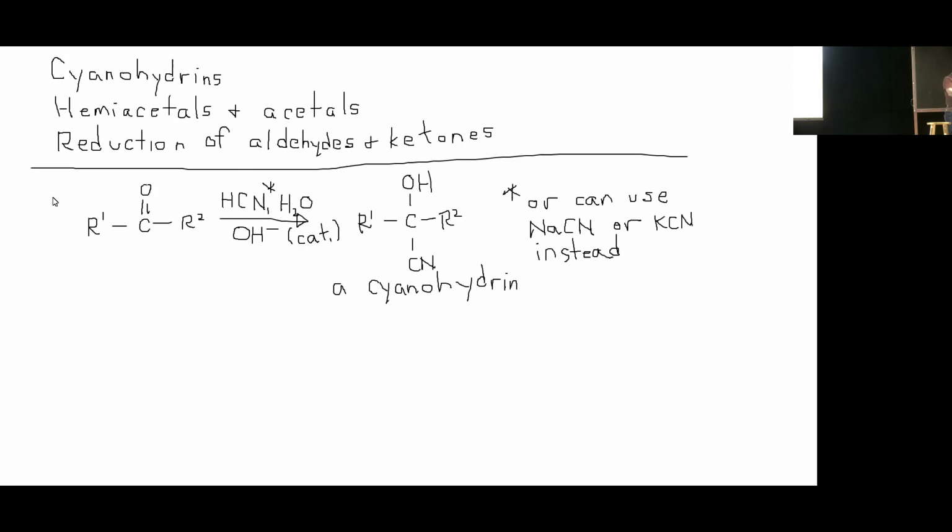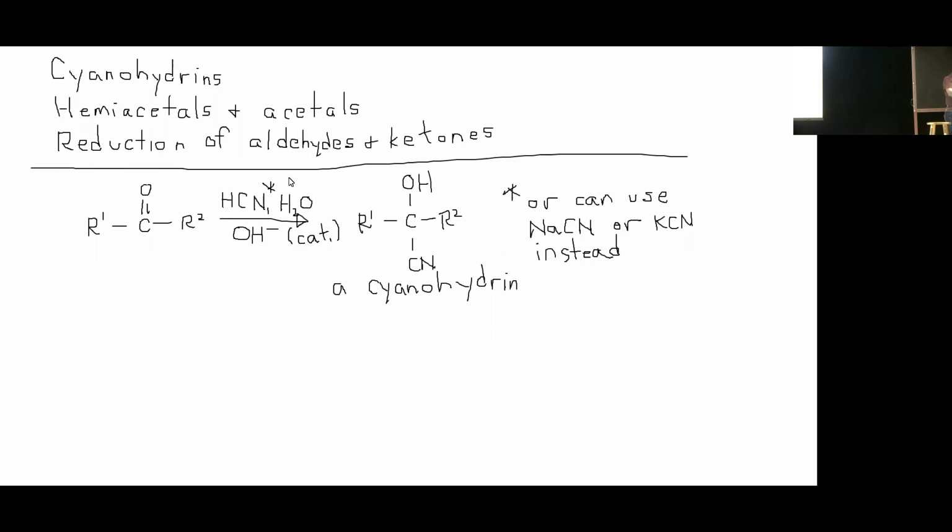So anyway, speaking very much in general terms, what is a cyanohydrin? I would say a cyanohydrin is the product that you'll get by starting with any aldehyde or ketone, and this is very general. You can use any aldehyde or any ketone, so R1 and R2 can be pretty much whatever you want.